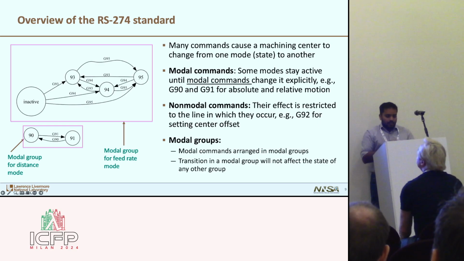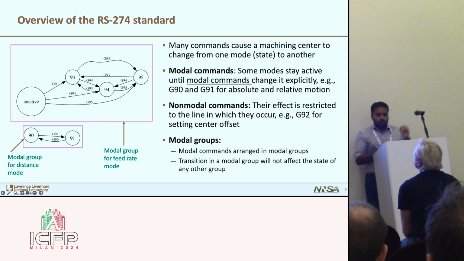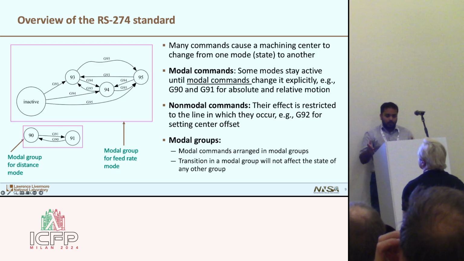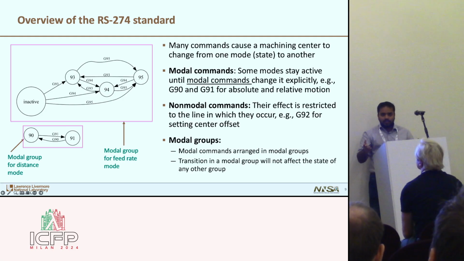The other thing about these modal groups is that some modal groups have a default G-code value. For example, the distance mode has a default of G90. What that means is that when you turn on the machining center, even if you don't specify G90 or G91, by default it assumes that the distance mode is G90. So all the motion of the printer head is now with respect to this absolute coordinate system.